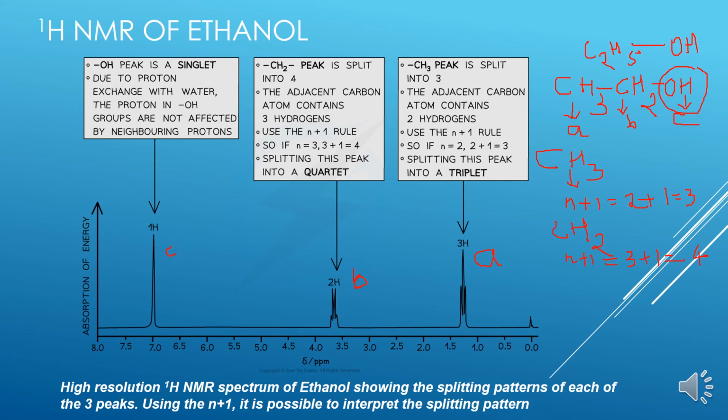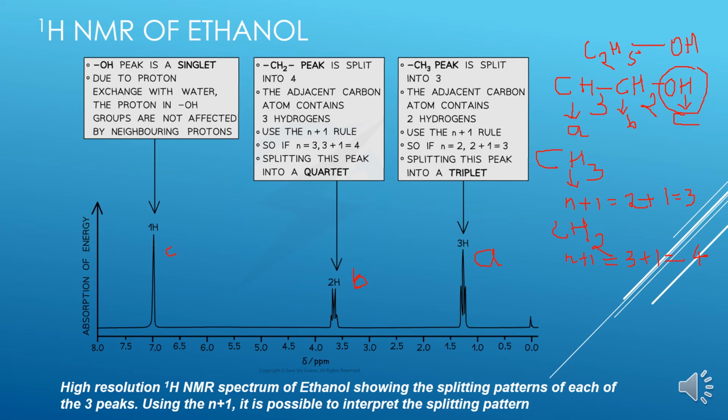Likewise, the CH2 protons are not affected by the hydroxyl proton. Therefore the hydroxyl peak is a singlet, the methylene peak is a quartet, and the methyl peak is a triplet based on the n plus 1 rule.